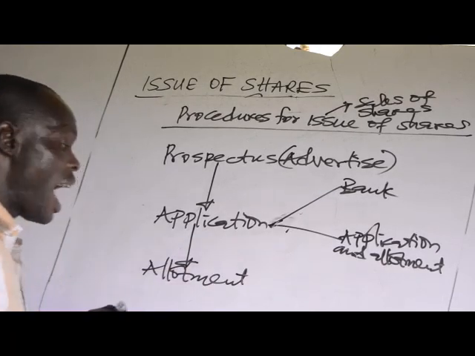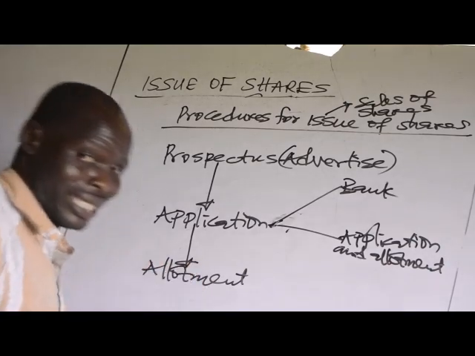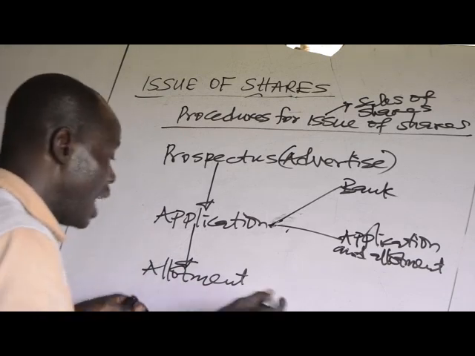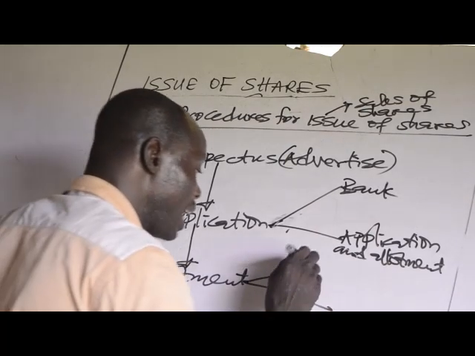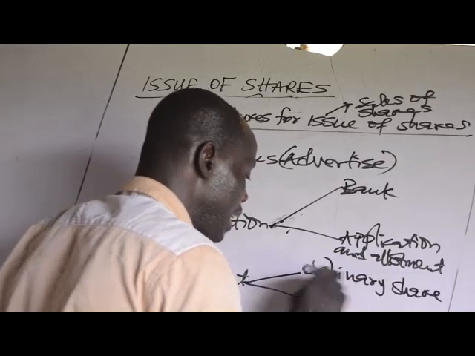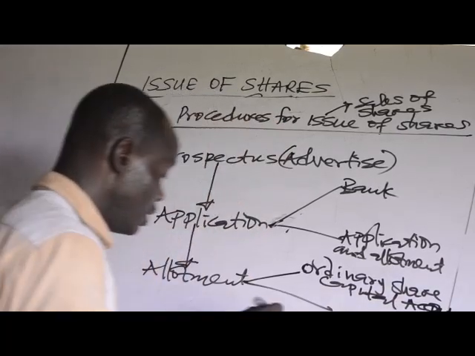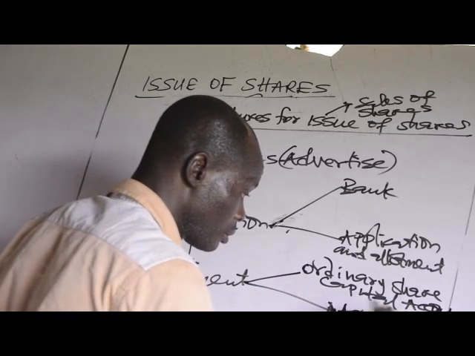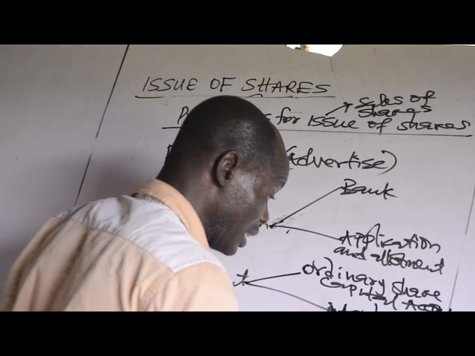After this process, the next process is the allotment stage. At this stage, the shares will be distributed among the applicants. So when shares are distributed among the applicants, you are going to create the ordinary share capital account. Then it will also affect the applicant account, which is the application and allotment account.